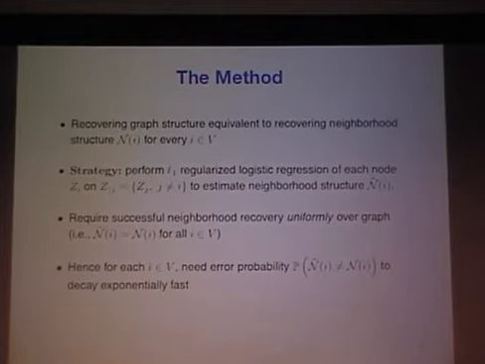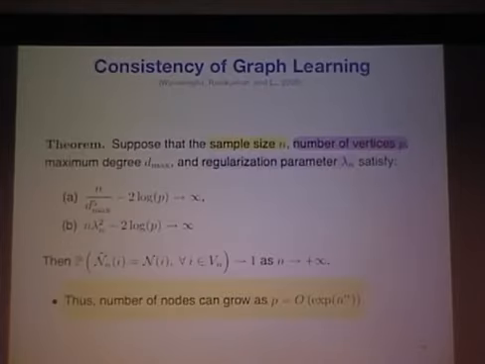And we use that 0 pattern as the estimate of the neighbors of the node in the graph. Now we are performing all of these logistic regressions, and we want to uncover the entire structure of the graph. So we need all of them to be correct, and we need the error probability to decay exponentially fast, because we want to simultaneously achieve all the correct neighborhoods. So that's the strategy.